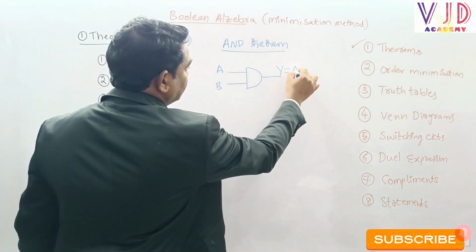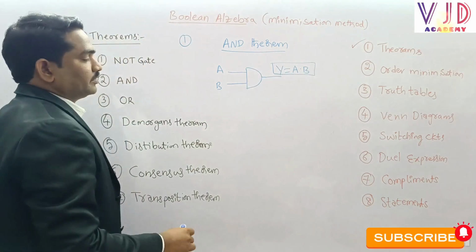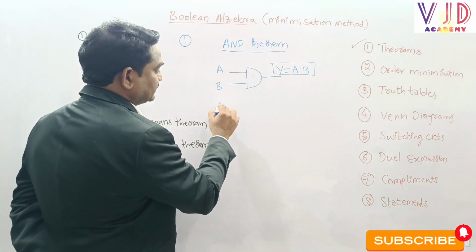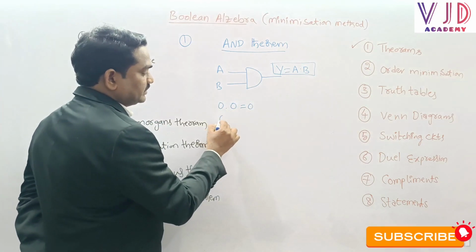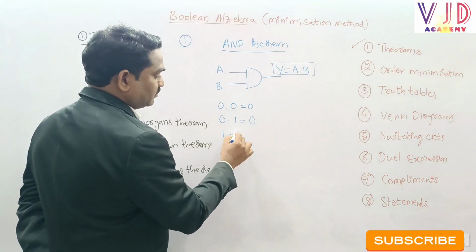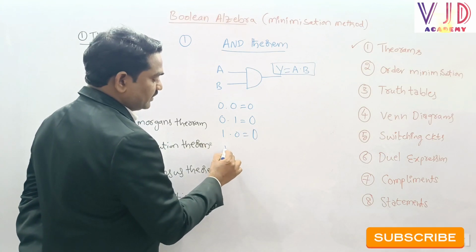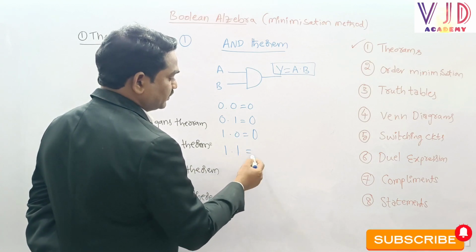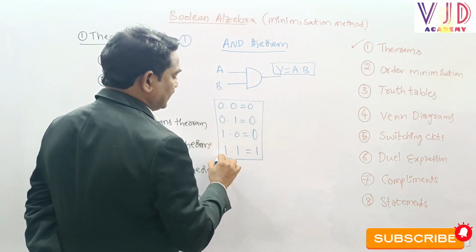Y equal to A into B is the logical expression, or output. Now the truth table: when inputs are 0, 0, the output is 0. For inputs 0, 1, the output is 0. For inputs 1, 0, the output is 0. And similarly, when inputs are 1, 1, the output is 1. This is the truth table of the AND gate.